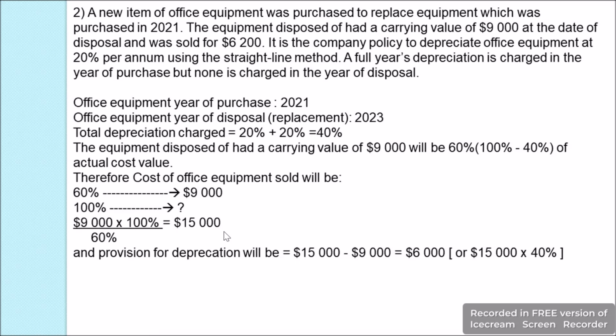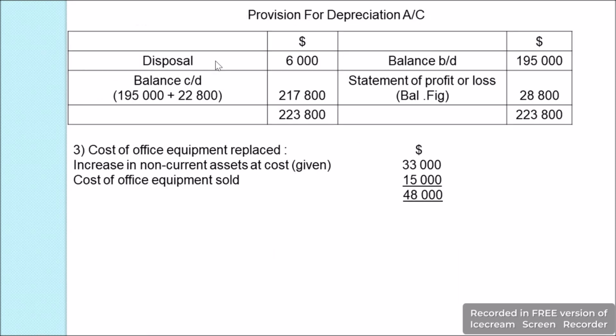So now on this the depreciation which was charged was 40%, that is 15,000 times 40%, or from 15,000 if we subtract 9,000 we get the value as 6,000. This was the provision for depreciation which was charged on the office equipment. You see, we have calculated the provision for depreciation for disposal so that we can calculate the depreciation which was charged for this year, and this was charged when we have calculated the operating profit.